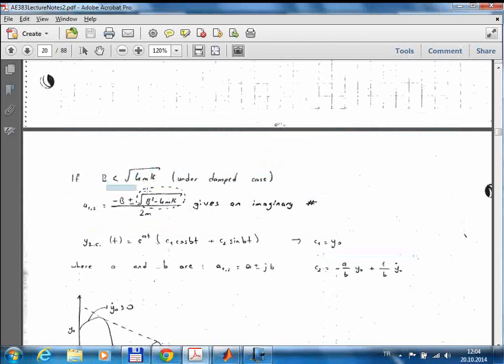As a result, the A1 and A2 pair is now a pair of complex numbers. The A here is the real part, the B is the imaginary part. So A1, A2 is given by this expression, A plus minus j times B. A and B are used in the solution. A is in the exponential term, and B appears in the cosine and sine terms.